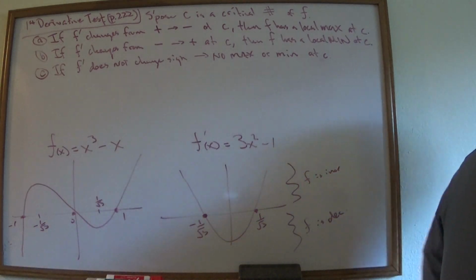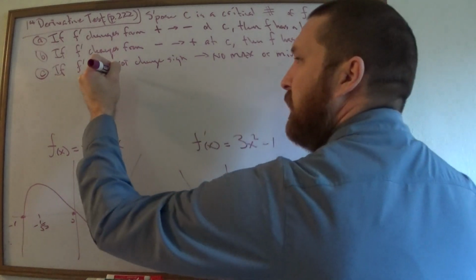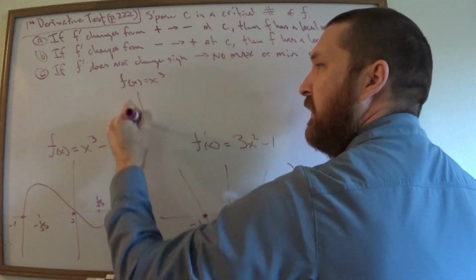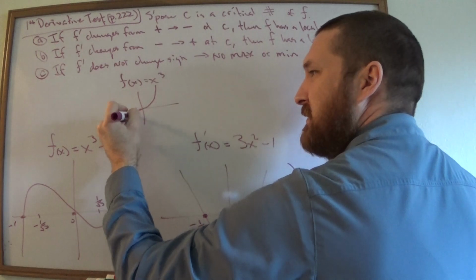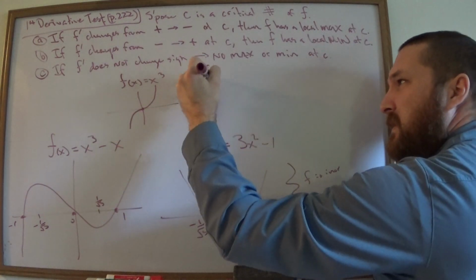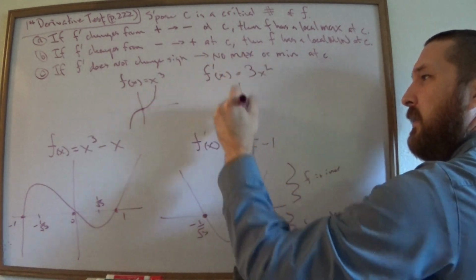Here's an example. Remember this one, we saw it last time. f of x is x cubed. It has this weird thing where it flattens out there. Its slope is 0 there, but as you can see, you take the derivative, you get 3x squared.